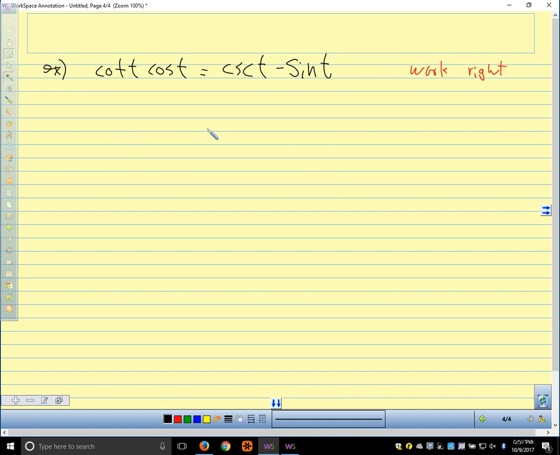So on the right side, cosecant t minus sine t equals 1 over sine t minus sine t. Then I'm going to find a common denominator because I want to subtract these, so I multiply by sine t over sine t. This is looking good already because I have 1 minus sine squared t over the common denominator of sine t.